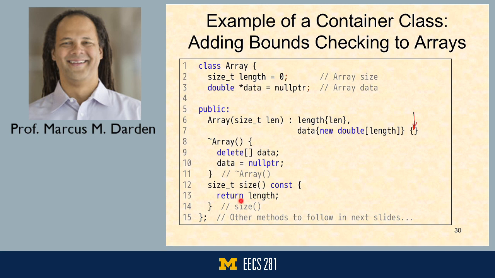And finally, I've got this getter. Just give me the size of this thing. It's going to return size t as a const. This is a const function, meaning when size is called, there's no way that this object will be modified. So there's about 5 different places where you can use the const keyword. It's probably one of the more complicated things in C++, the language. You can put it a bunch of different places.